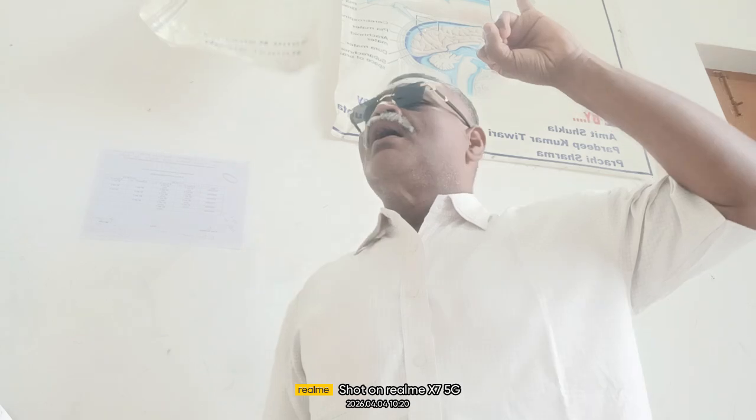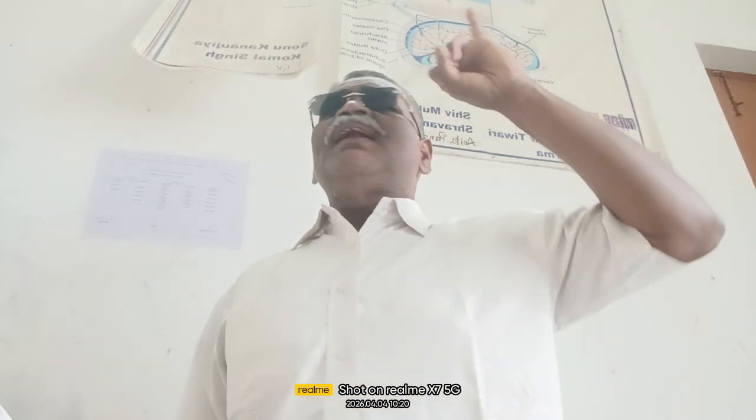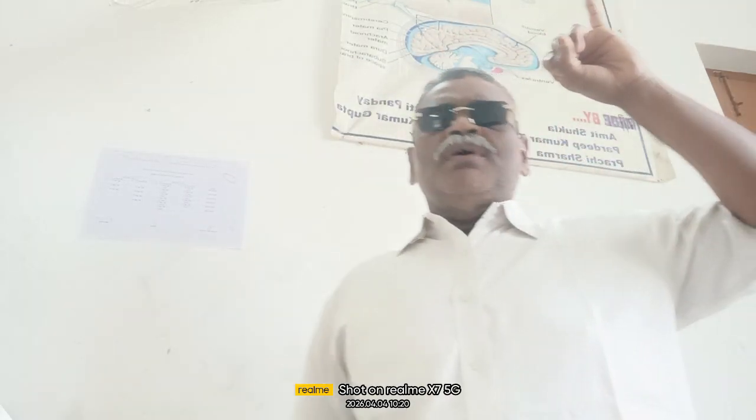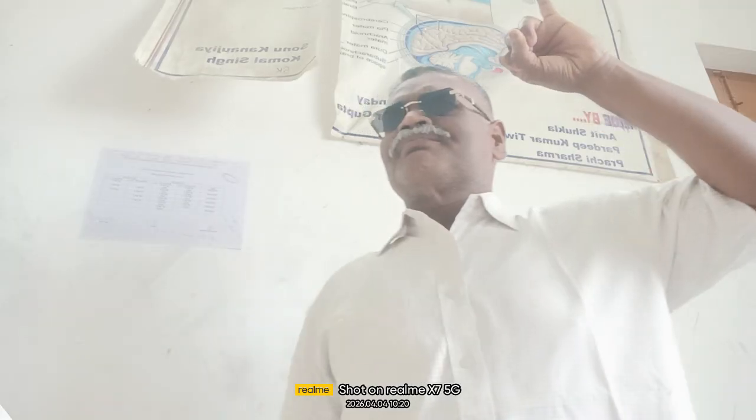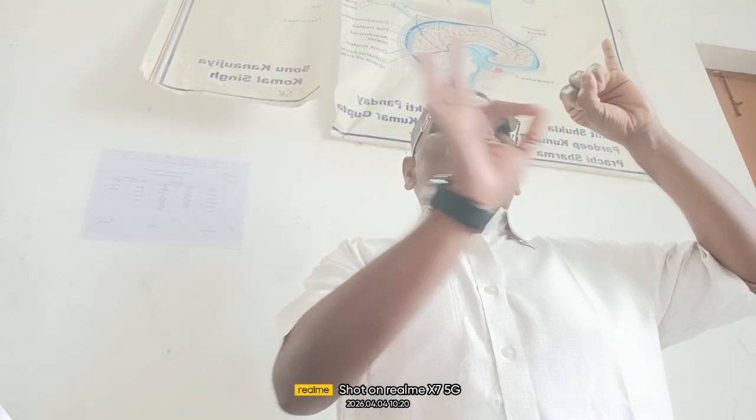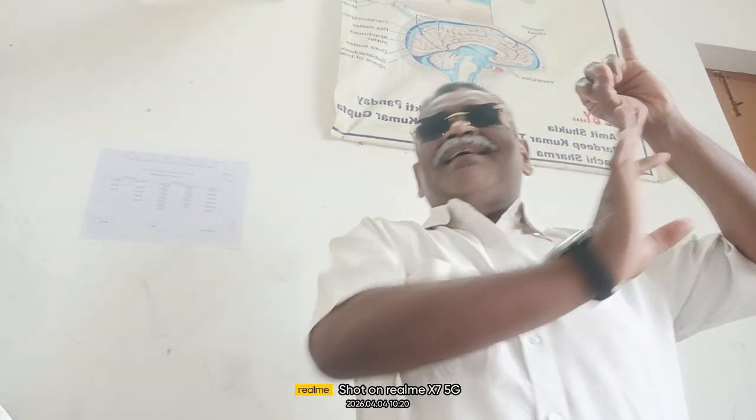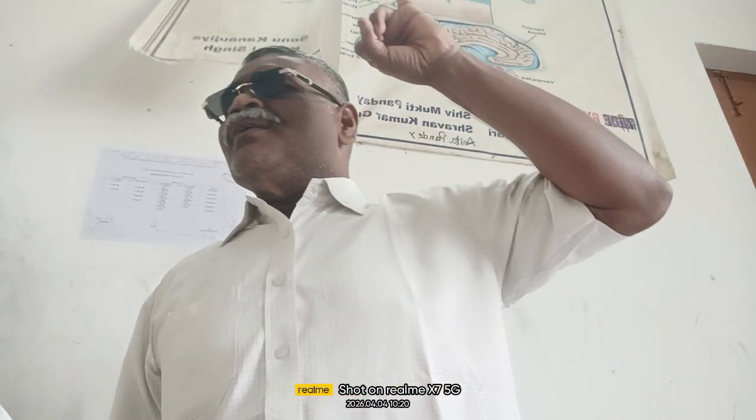Okay? Number 1, neuron. Number 2, neuroglia, spelled GLIA. Neuron, neuroglia.